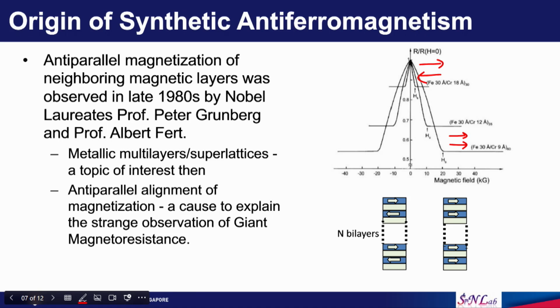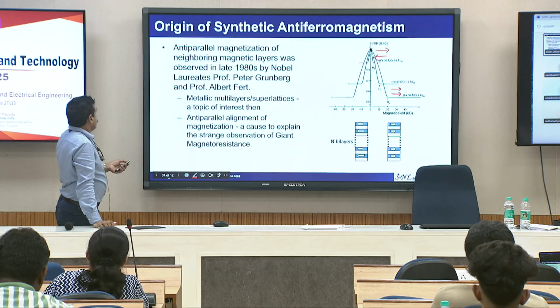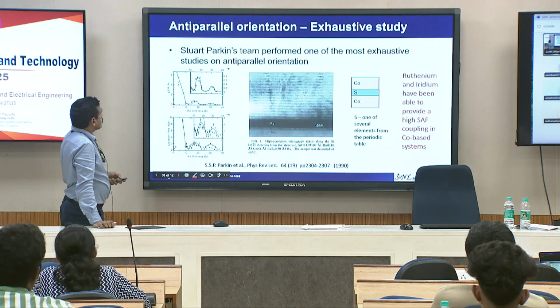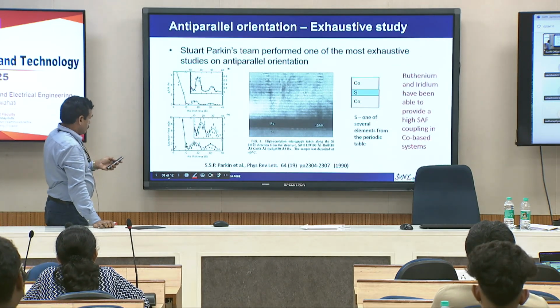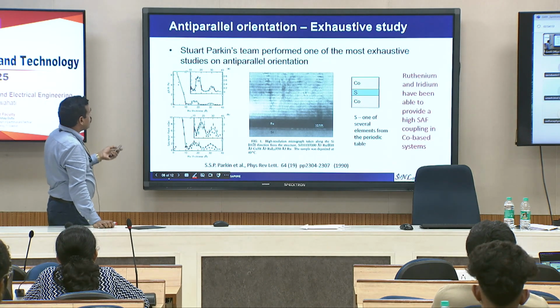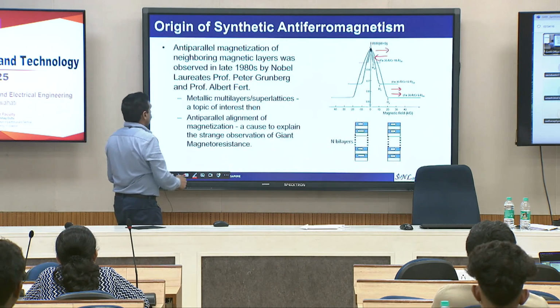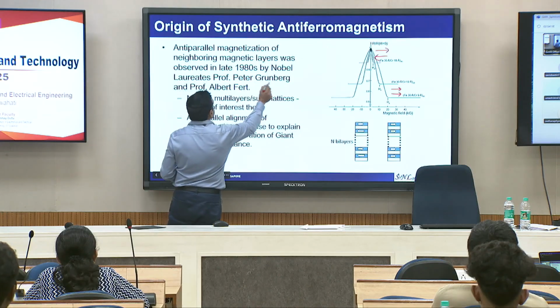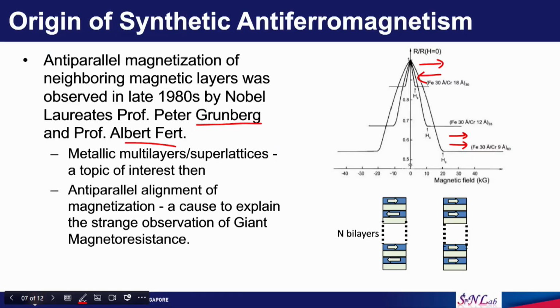This is one of the earliest observations of synthetic antiferromagnetism. Similar results were also reported by Professor Peter Grunberg, but in a system where they have only two iron layers.